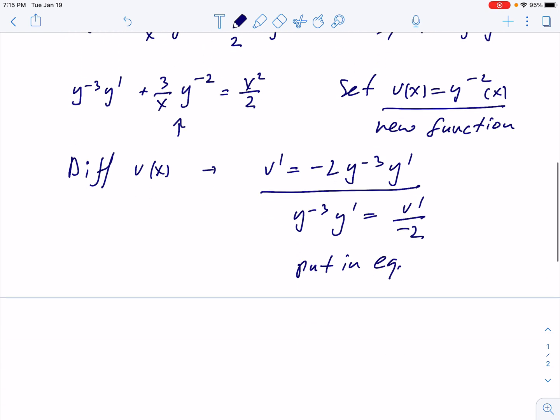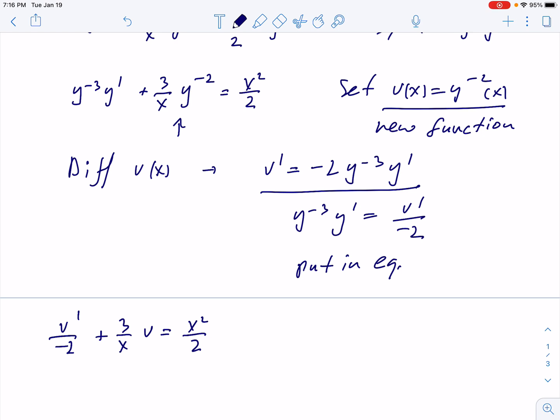And then the equation becomes v prime over negative 2 plus 3 over x times v. Now in the place of y to the negative second we put v. And this equals x squared over 2. This equation, written in terms of v, is a linear equation. But it's not in standard form because v prime has some denominator here.